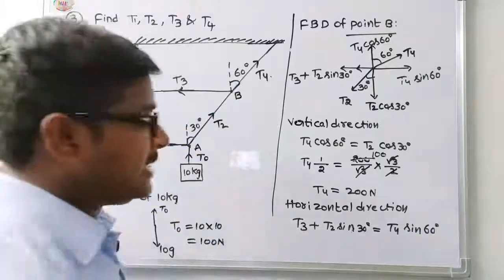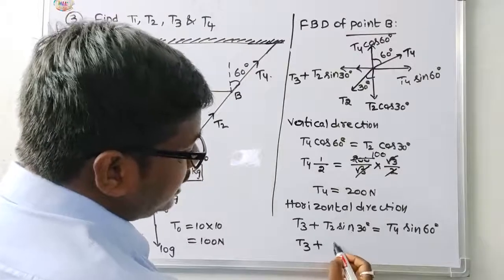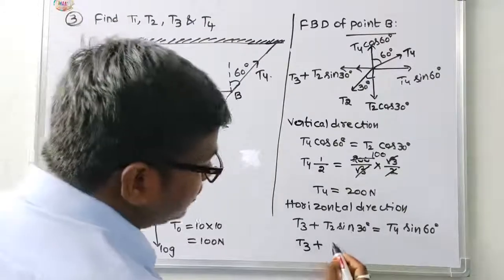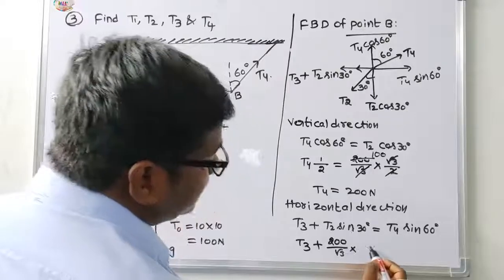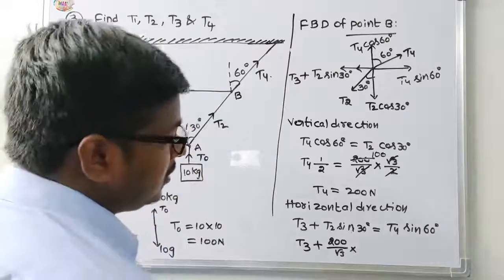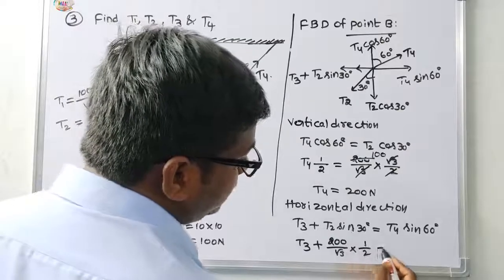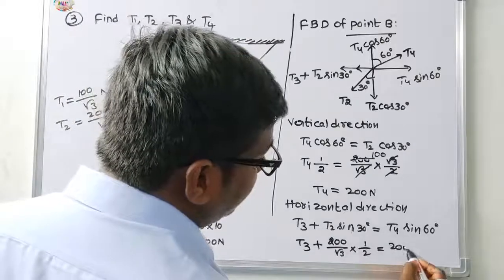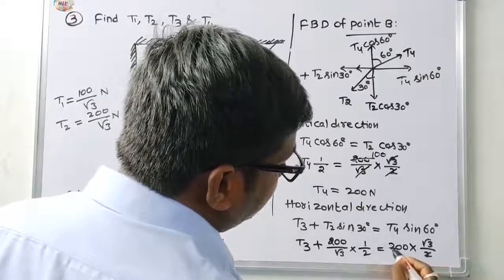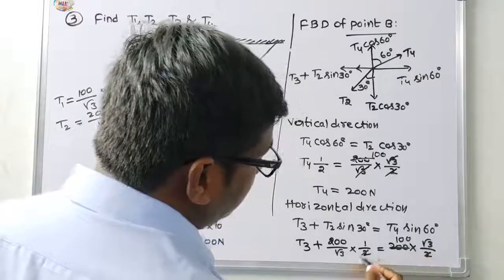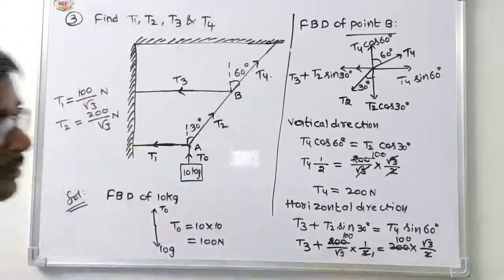T3 is to be found. T2 is 200 by root 3, into sin 30, which is 1 by 2, equals T4 value 200 into sin 60, root 3 by 2.